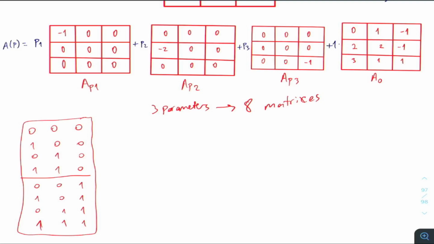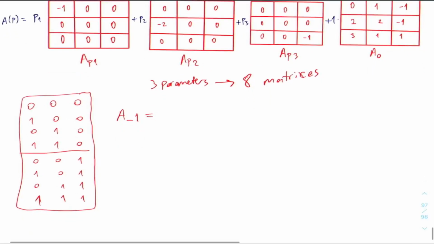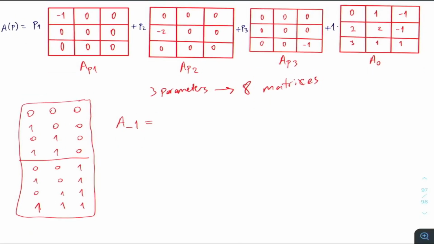I'm going to use that type of notation, A underscore 1. I'm going to write all of them actually. We have 3 parameters and therefore we need to compute 8 matrices.